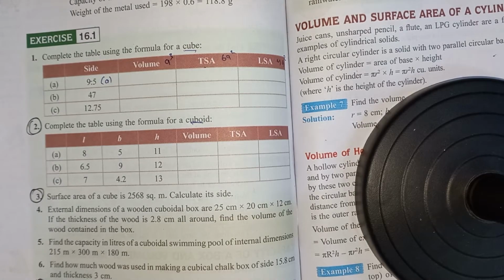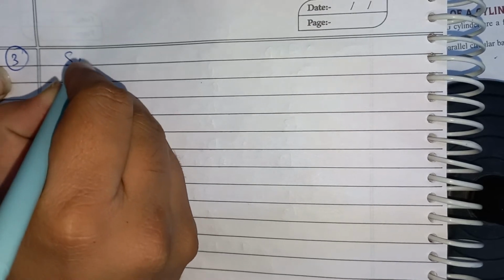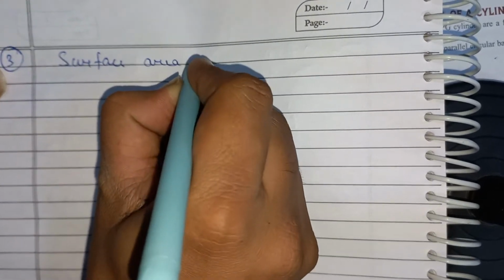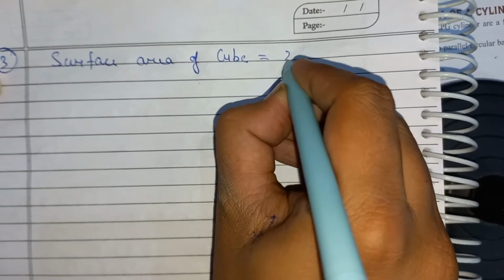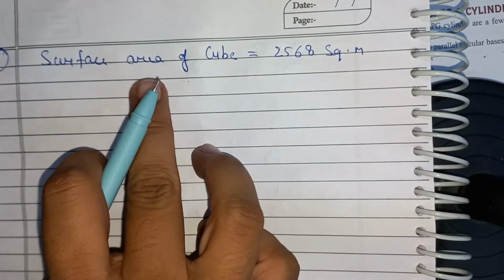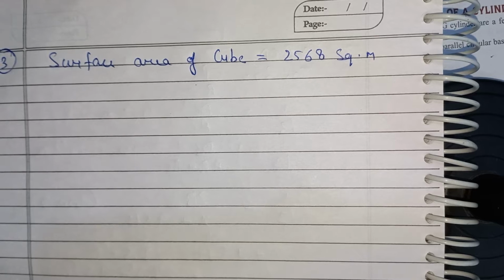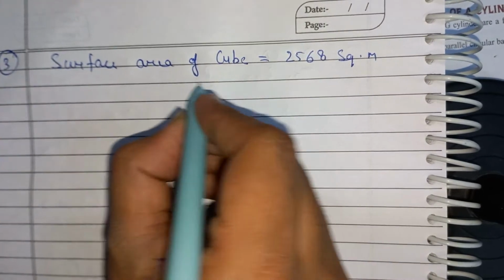Surface area of cube is equal to 2568 square meter. Area is always in square, volume is always in cube, and perimeter is always in a single unit, meter.